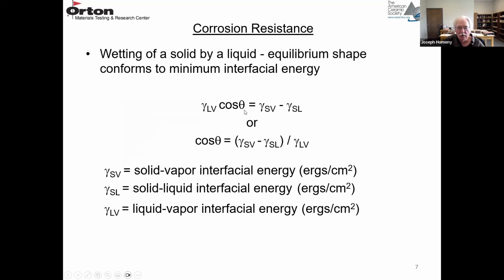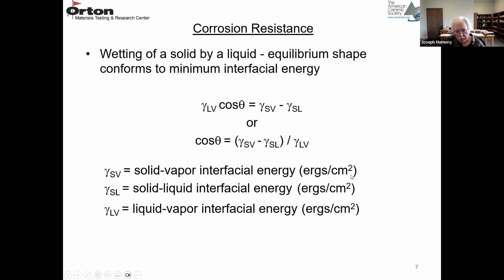Gamma LV times the cosine of theta equals gamma SV minus gamma SL. Or if you solve for cosine theta, cosine theta equals gamma SV minus gamma SL over gamma LV. So this equation describes the contact angle theta in terms of these interfacial energies.